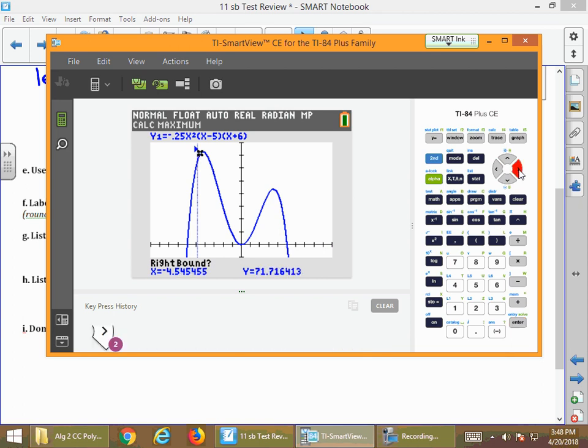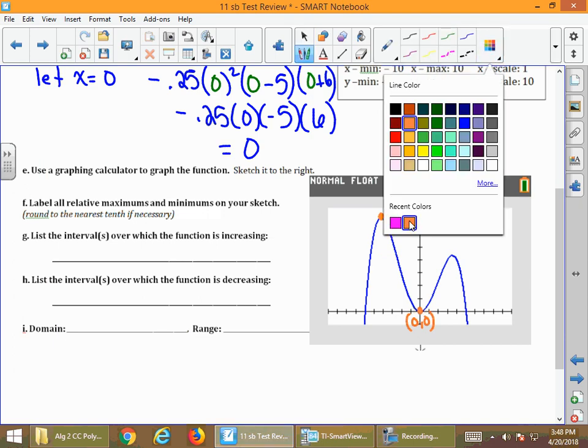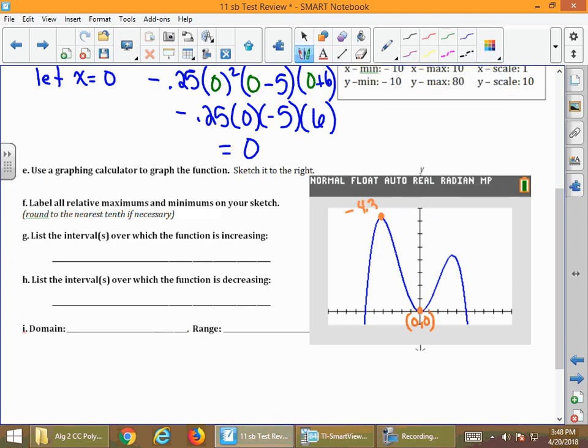A little bit to the left. Now we're going to go a little bit to the right, and enter, and then enter one more time. And we get our value there of negative 4.26. It says round to the nearest tenth, so we got negative 4.3 and then 73.1. So we'll fill that in: negative 4.3 and 73.1.